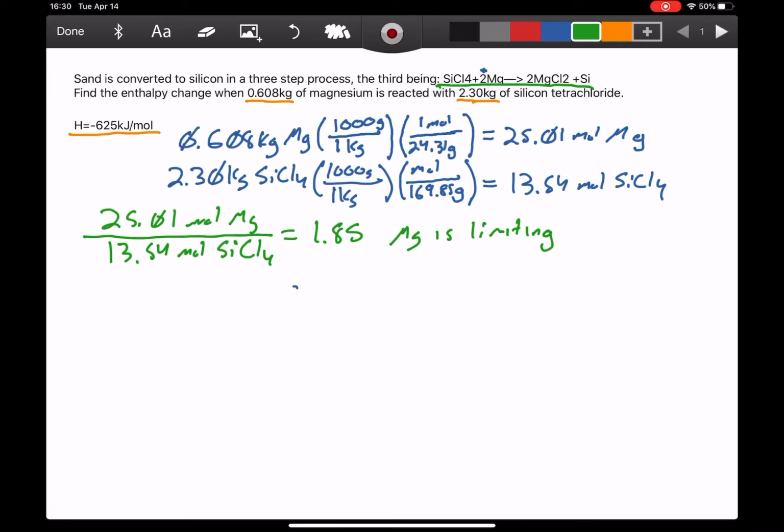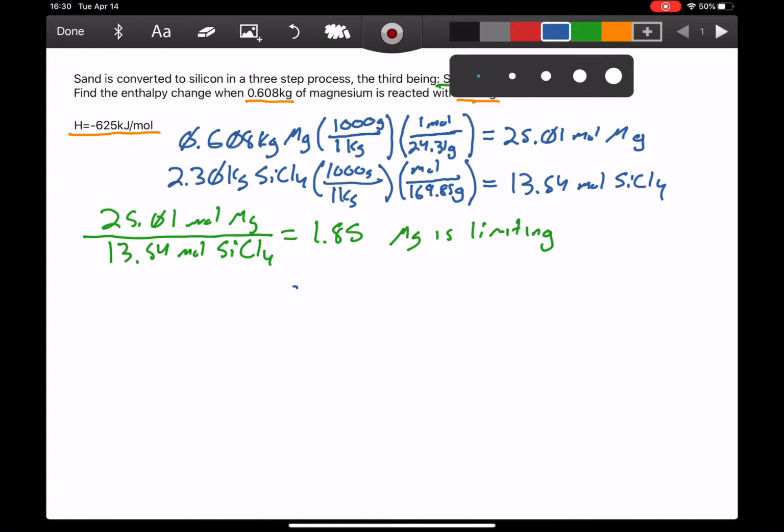So now that we've found the limiting reactant, we need to find out, with this amount of magnesium we have, how many moles of silicon tetrafluoride we need to do this reaction.